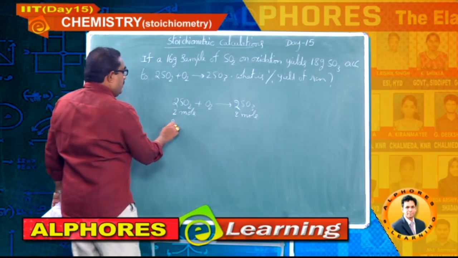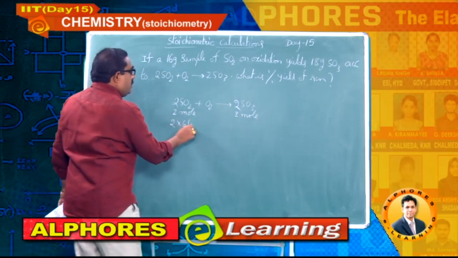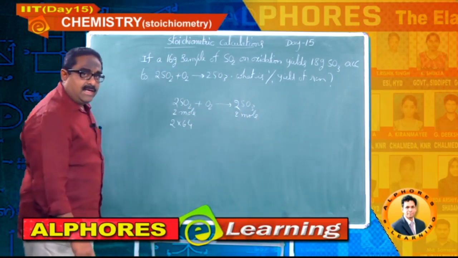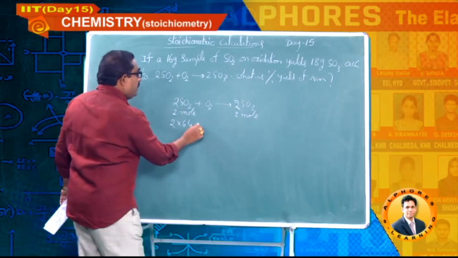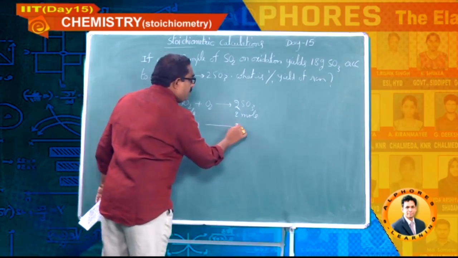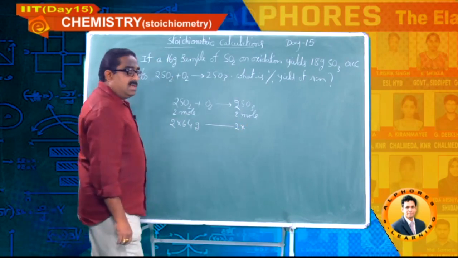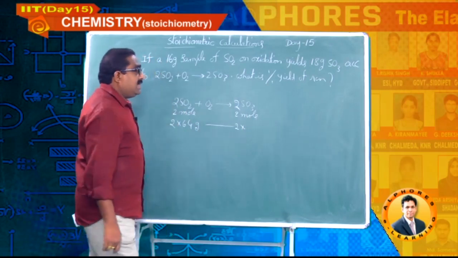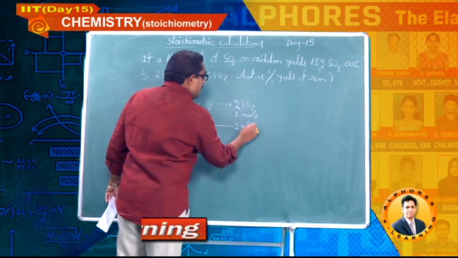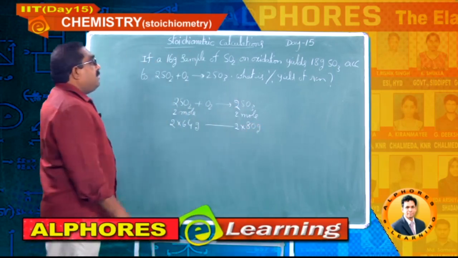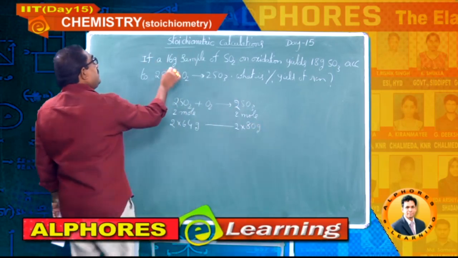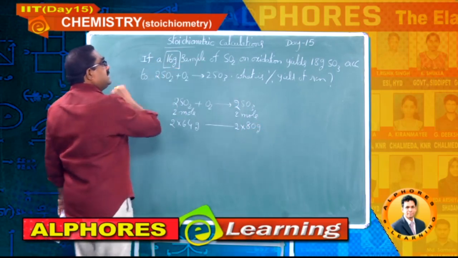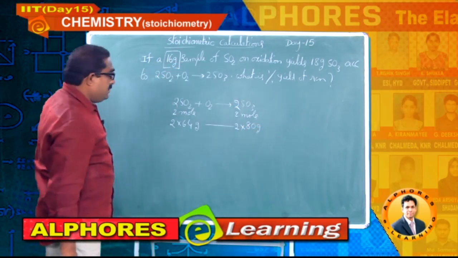2 moles means we can write simply 2 into molar mass of sulfur dioxide, 32 plus 2 into 16, 64 grams, gives rise to 2 into molar mass of sulfur trioxide, 32 plus 48, that is 80 grams. But he has taken a sample of 16 grams of sulfur dioxide.